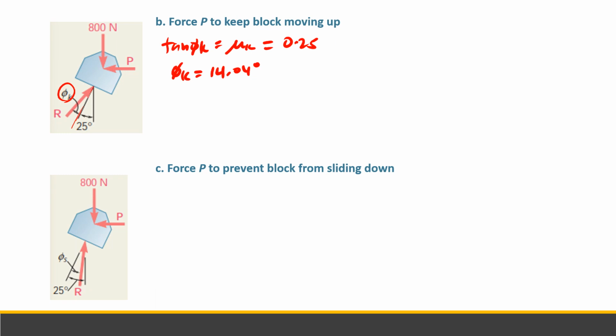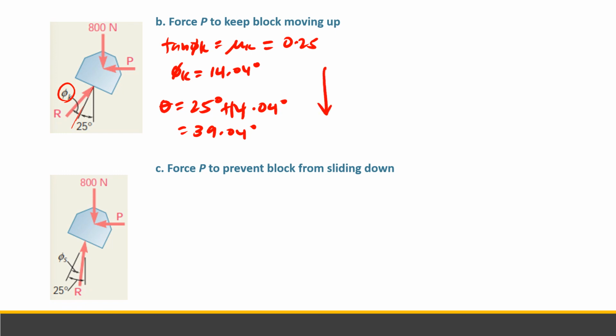because Fk is less than Fm, so the horizontal component of our R became smaller. Our theta is now 25 degrees plus 14.04 degrees, which is equal to 39.04 degrees. Again, we will solve P using a force triangle.